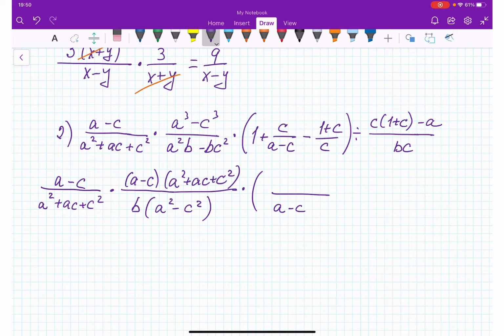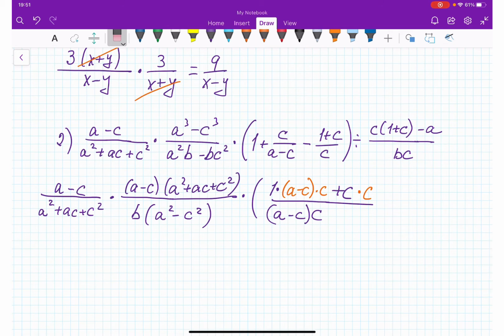This 1 I'm going to multiply by the entire denominator because there is none of these denominators.